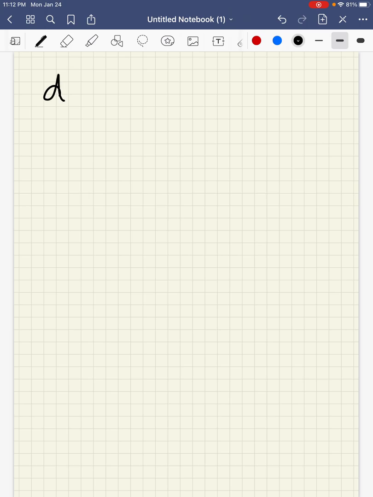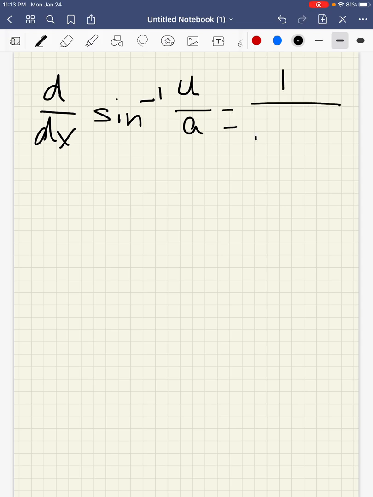The derivative of inverse sine of u over a, these are just things to memorize. Remember, a is a constant. So d dx of inverse sine of u over a is equal to 1 over the square root of a squared minus u squared, times du dx.